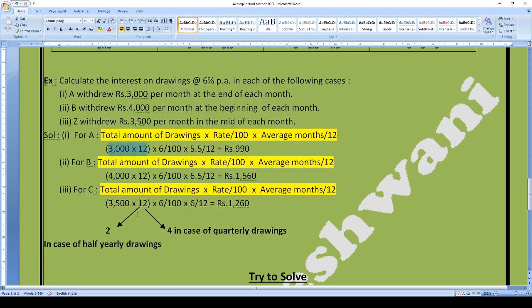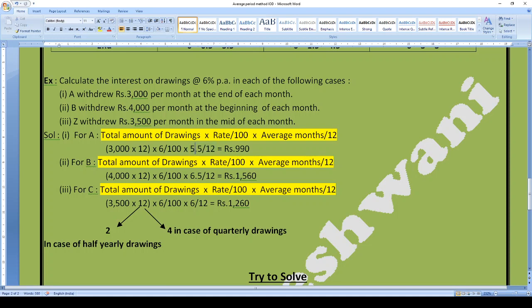And suppose if the drawings have been made quarterly, then in place of multiplying by 12, it would have been multiplied by 4. And in case of half yearly drawings, it would have been multiplied by 2. We have to replace it. So 3000 into 12, that would be the total amount of drawing, into 6 upon 100 into 5.5 upon 12.